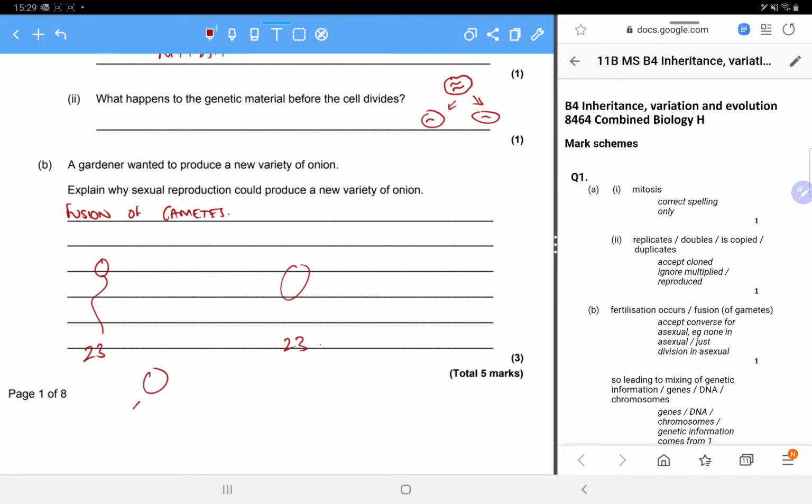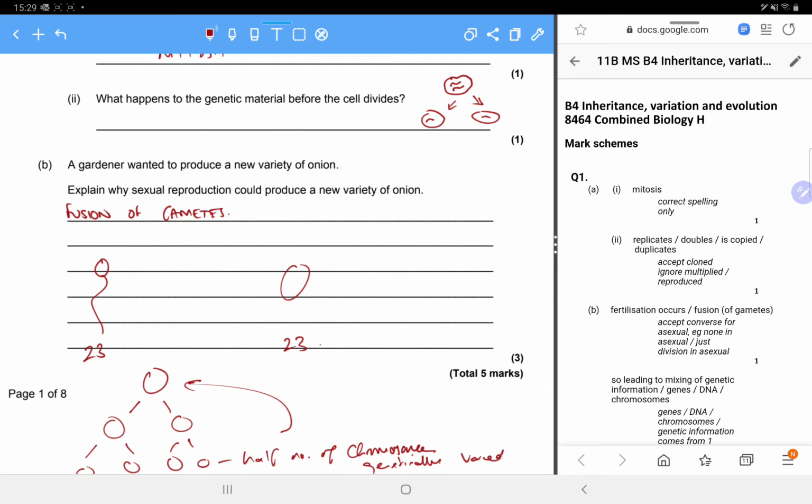So in meiosis, you get a division twice, and these 4 will have half the number of chromosomes of this top one. Okay, and they will be genetically varied.